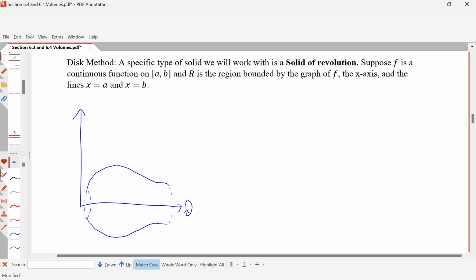So very bowl-like or vase-like object being created. So suppose we have that function and it's rotated about the x-axis.